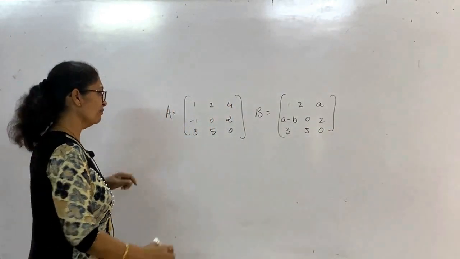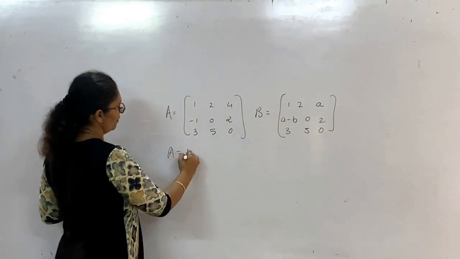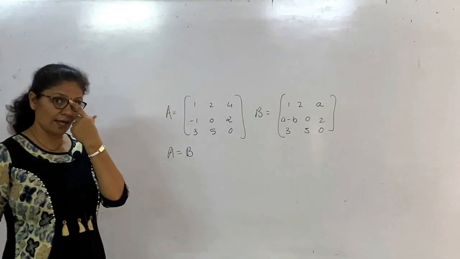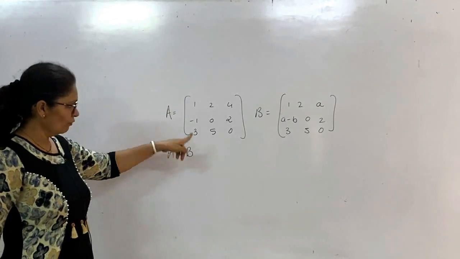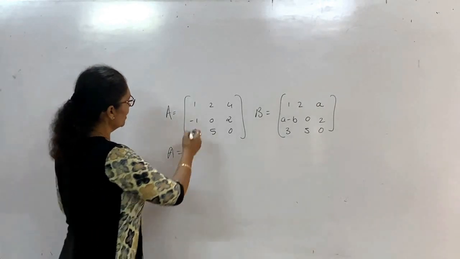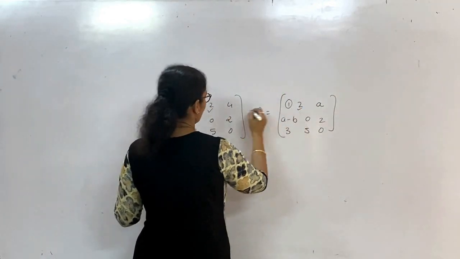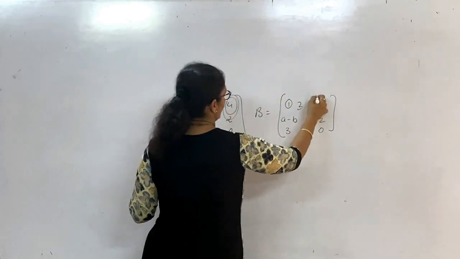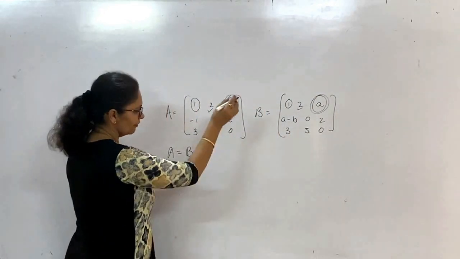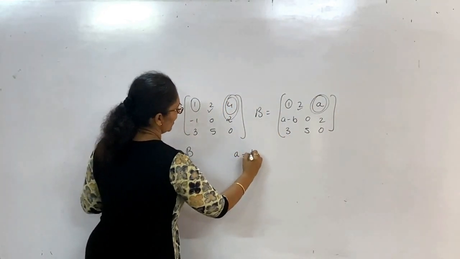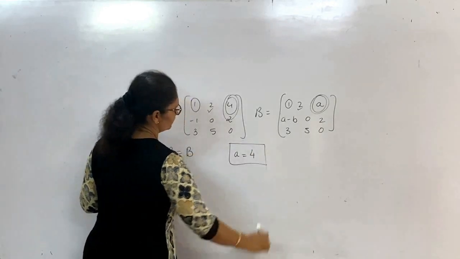Now suppose the question says both matrices A and B are equal. If both are the same, what condition did we learn? We have to compare first with first, second with second and third with third. So from the third we get the first value, that A is 4.